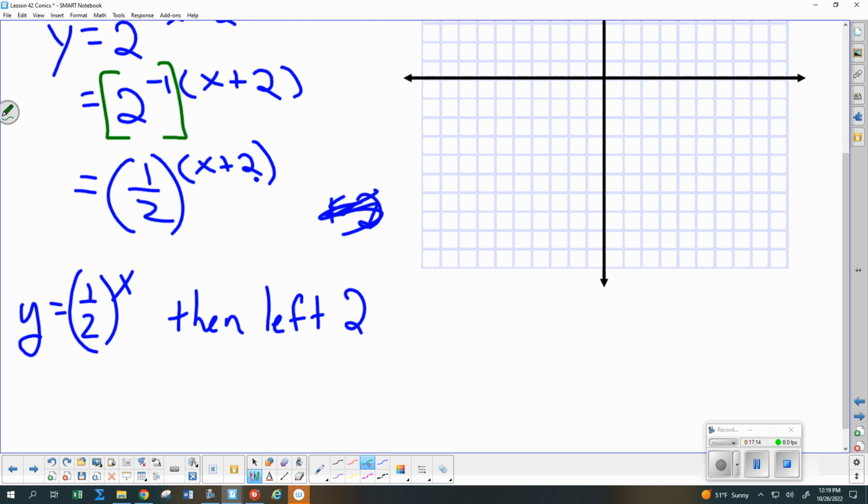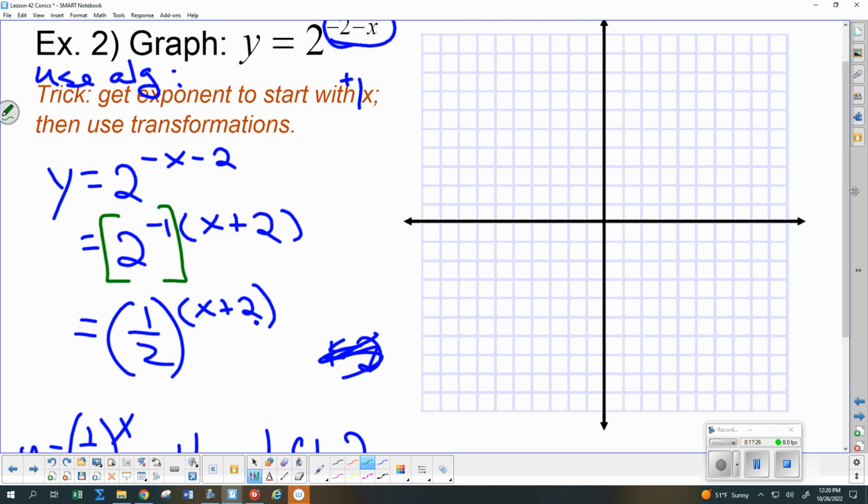So we are going to do dots for the helper graph and actually draw the solid graph for the final. So I'm going to do dots for y equals a half to the x. Is that growth or decay? It's decay. So I know it goes here. I just want to graph all of my lattice points, integer coordinates. Since it's decay, everything off here to the right-hand side is going to have a fraction for the y coordinate.